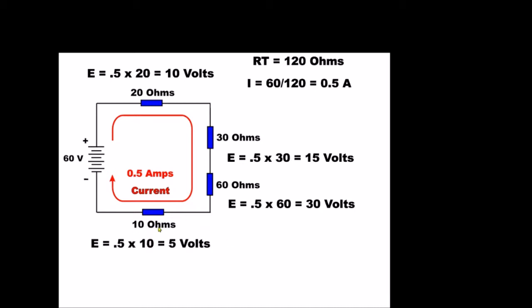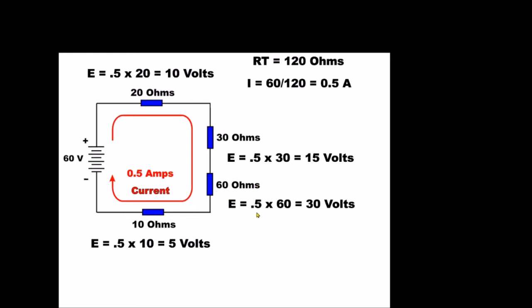And across our 10 ohm load, we get a 5 volt drop. Notice the 20 ohm load drops 10 volts, and the 10 ohm load drops 5 volts. Our 60 ohm load drops the most voltage because it's going to resist more current.